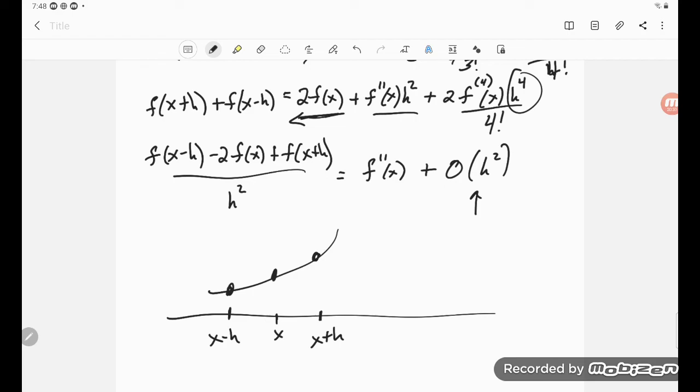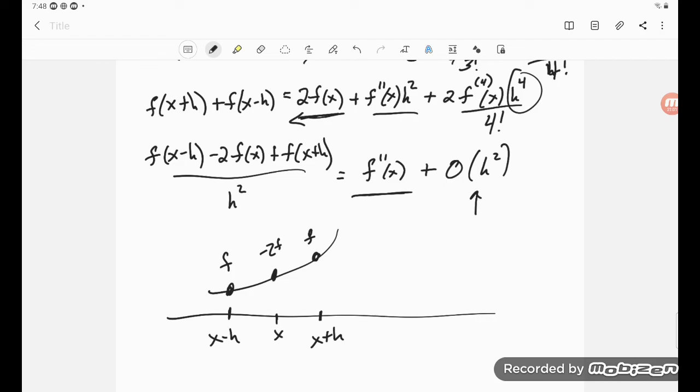This says if I take f at the first, minus 2 times the middle one, plus the last one, and divide by h squared, I get a pretty good approximation of the second derivative, f double prime of x.